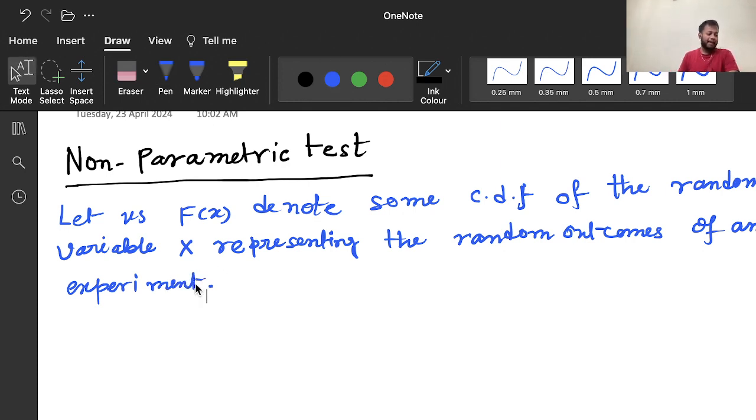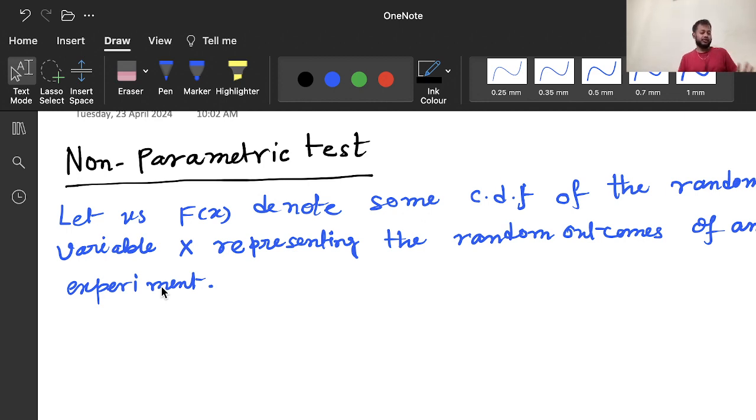Now the approach of parametric inference is to suggest a priori a family, that is, we assume that F belongs to some known probability distribution family, that these X are coming from a distribution that is known to us.